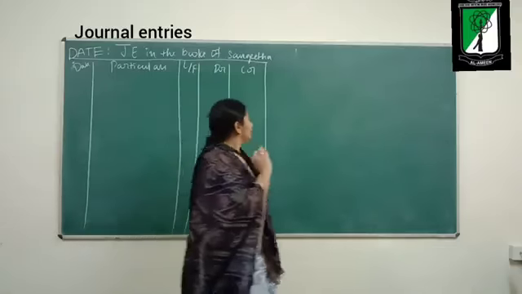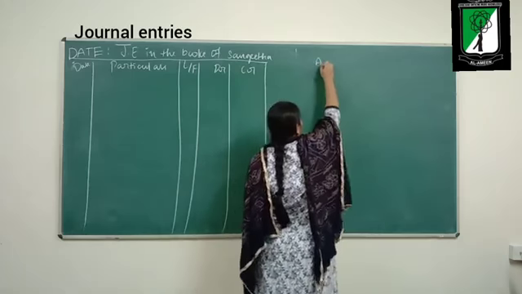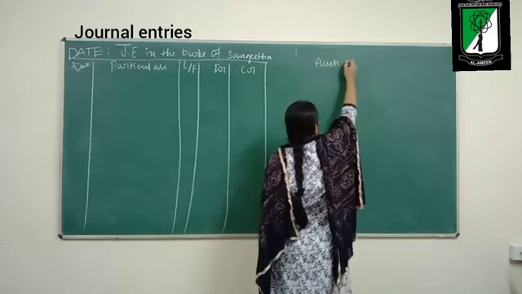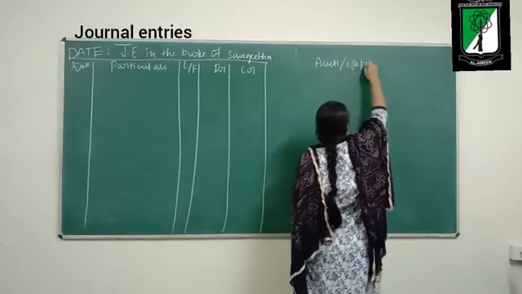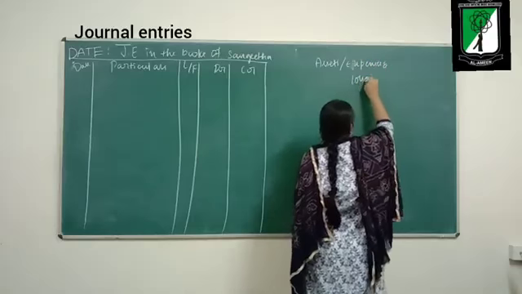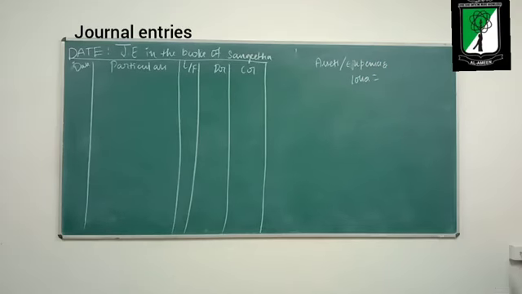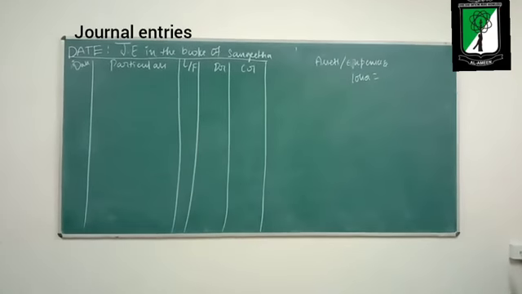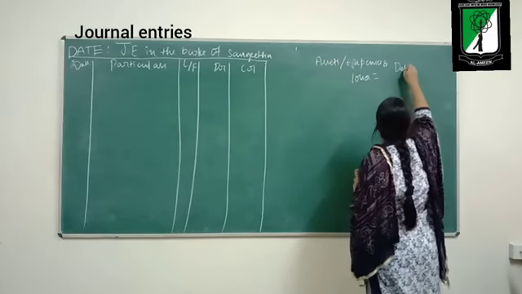Now for assets, expenses and losses, what is the rule? Debit increase, credit decrease.